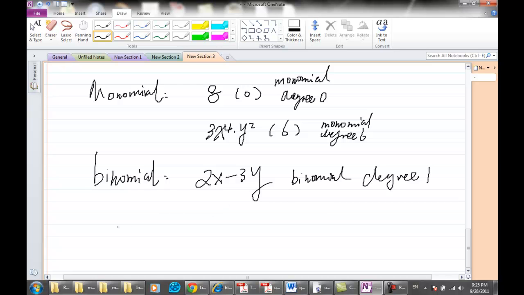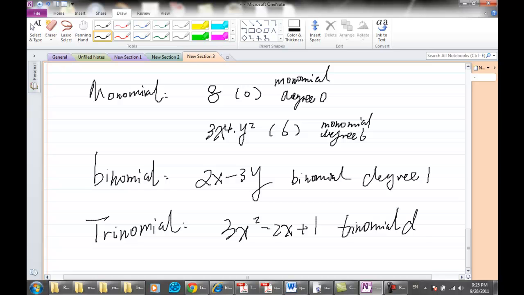And what if we have 3 terms together? That is called a trinomial. For example, 3 times x squared minus 2x plus 1. That is called trinomial degree 2.